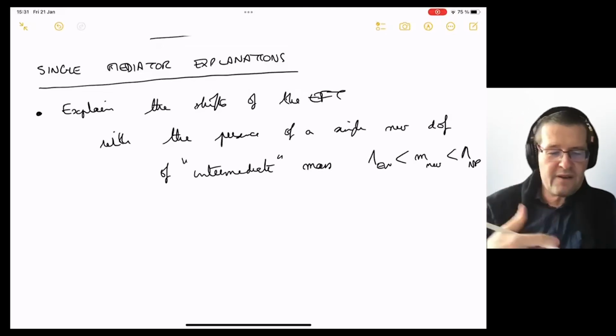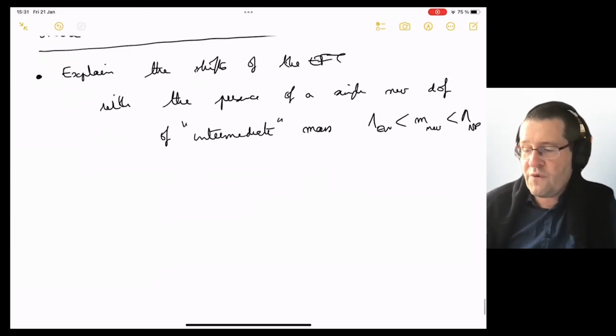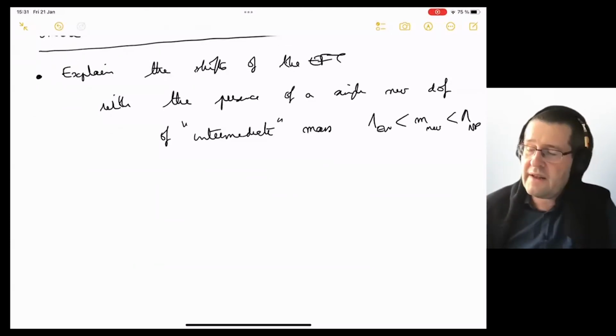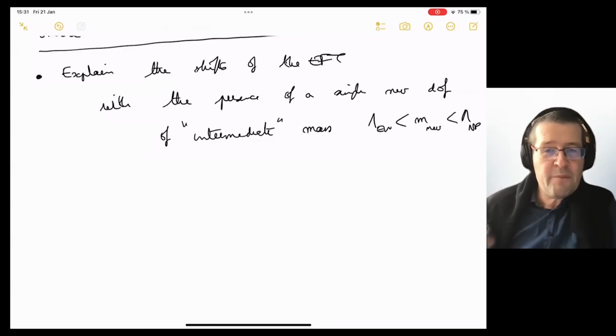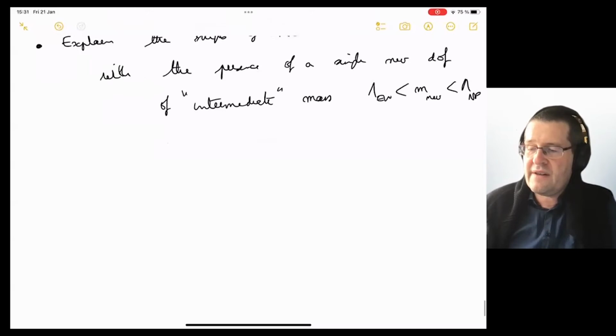So the first hint, the tip of the iceberg, if you want, of the new physics model that happened to be a bit lower in masses. And so that's why we're bumping into this first realization of the new physics degrees of freedom.